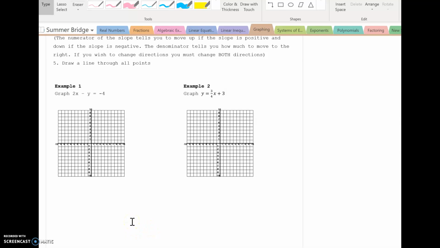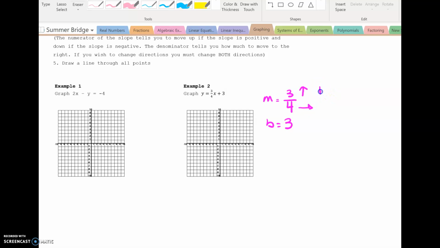Now notice, only example 2 is in slope-intercept form. So let's start with that one because that is the one that we were practicing in the other video. I can easily identify what my slope is, and I can easily identify what my b is. My b is positive 3, and my slope is 3/4. Keep in mind, the 3 tells you how much you're going up, and the 4 tells you how much you're going to the right.